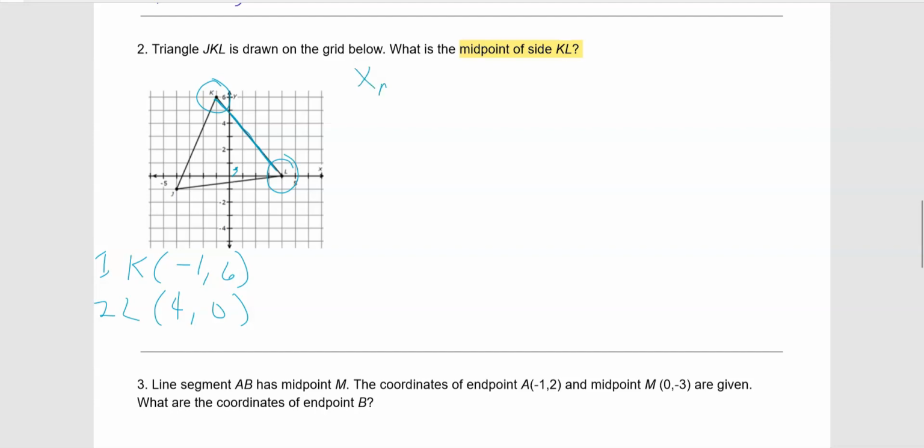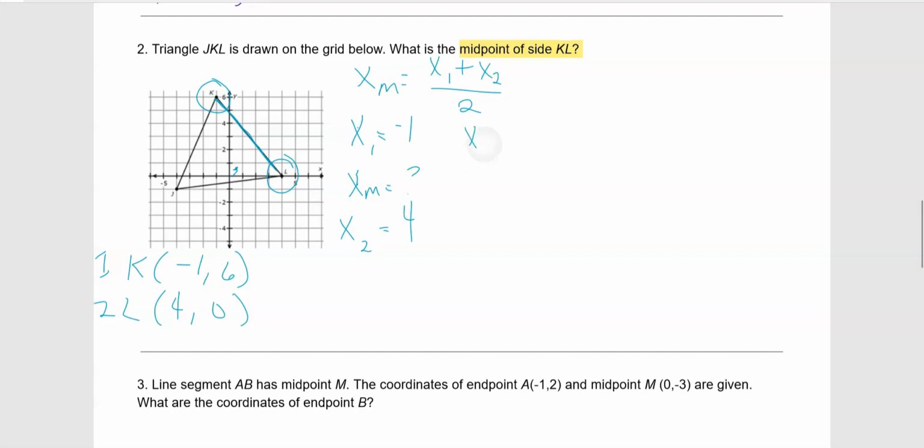X of the midpoint is equal to x1 plus x2 over 2. Make our list. X1 is -1. X of the midpoint is still unknown, and x2 is 4. So plug into our formula.